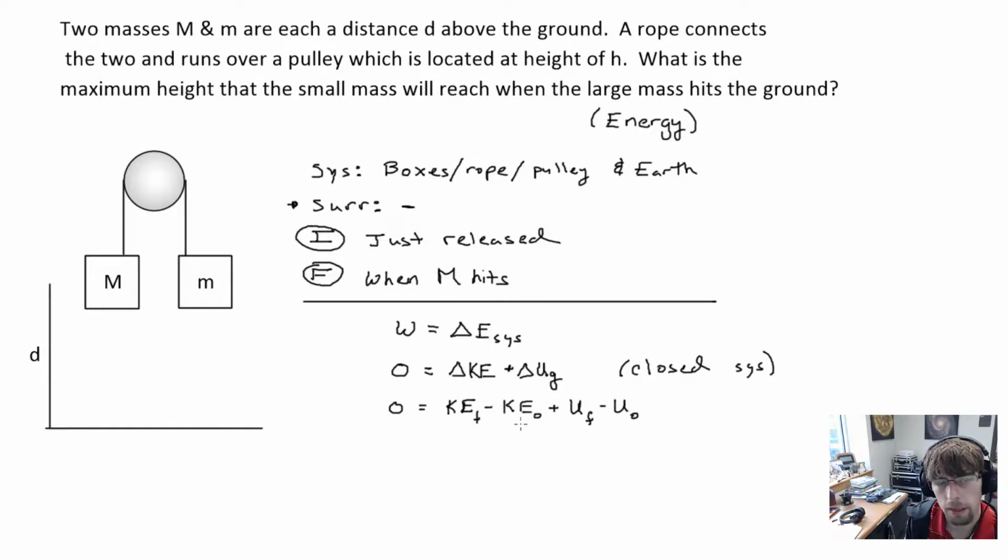And I'm going to move the initials to the other side. So we have the initial kinetic energy plus the initial potential energy equals the final kinetic energy plus the final potential energy. In other words, because we have a closed system, energy is conserved.